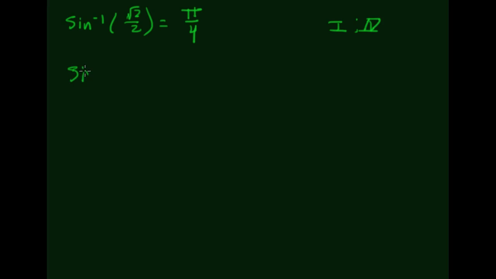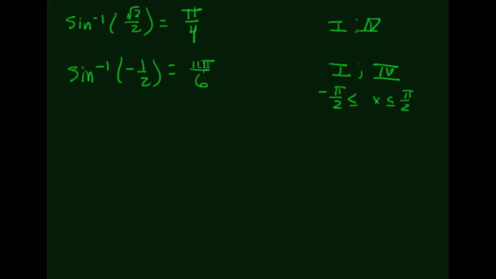But let's take a look at the sine inverse of negative 1/2. If you look at the unit circle in quadrants 1 and 4, that's going to say it's at 11 pi over 6. But you have to remember that we're restricting x from negative pi over 2 to pi over 2, so this value is not on that range.